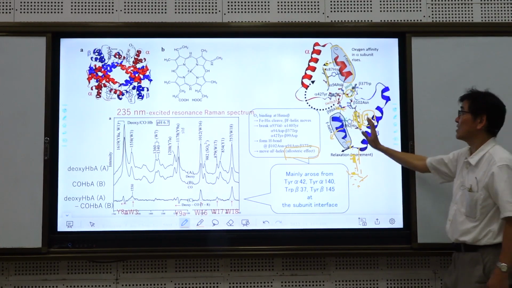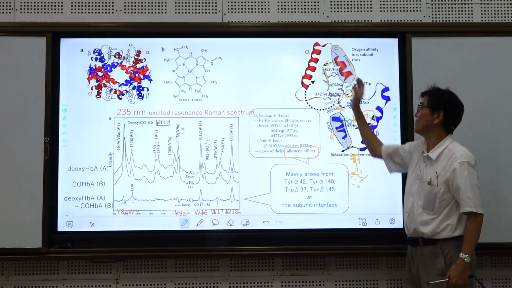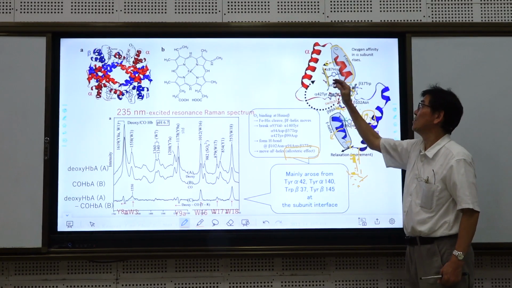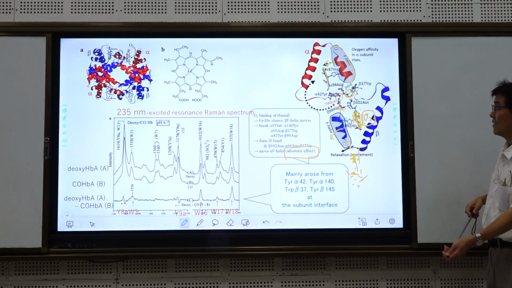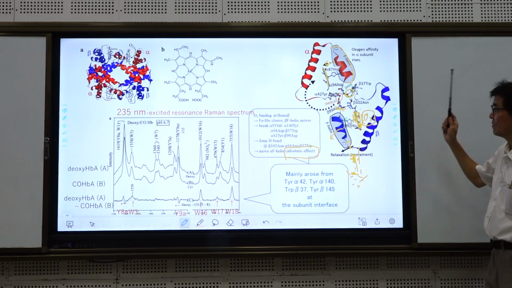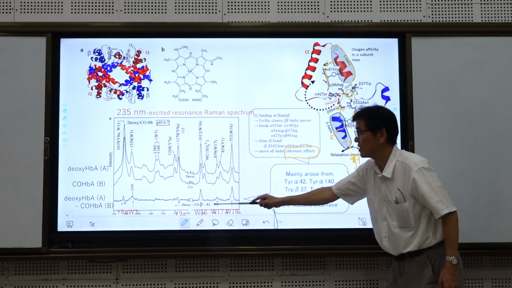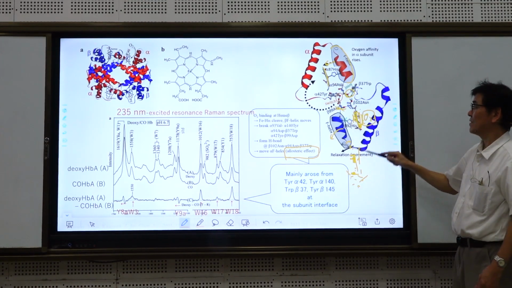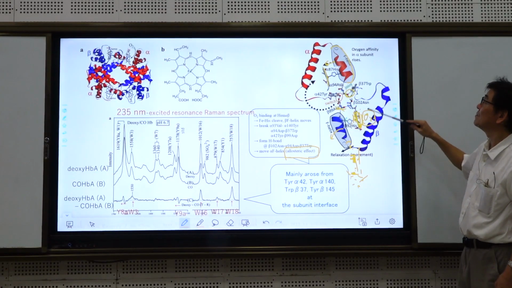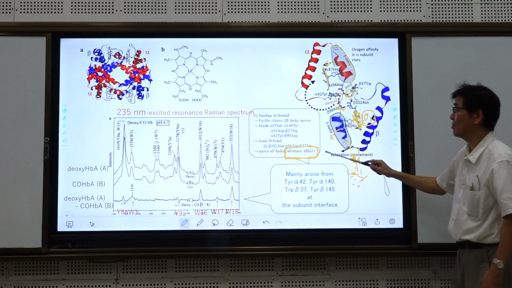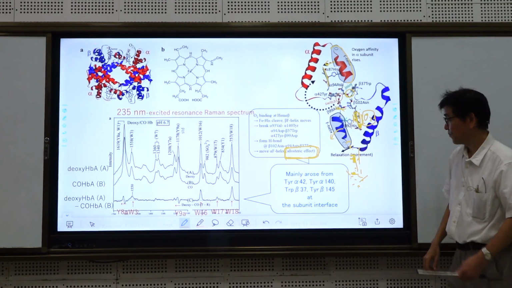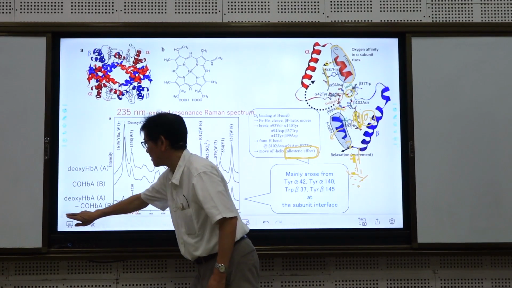Or a synergy effect between two distant ligation sites. So by analyzing this difference spectrum, they could explain the molecular mechanism of the allosteric effect. Okay?